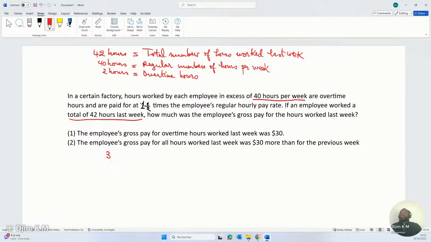So that means that we have $30 equal to 2 times, because you worked 2 hours, 2 hours times one and a half times the regular hourly rate.